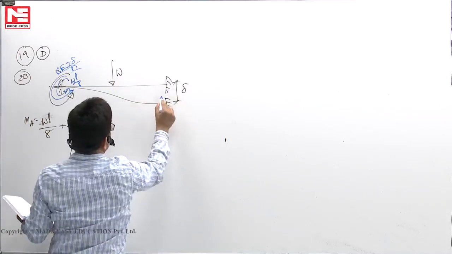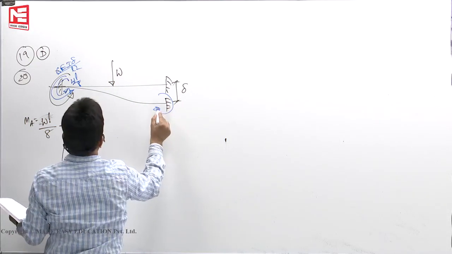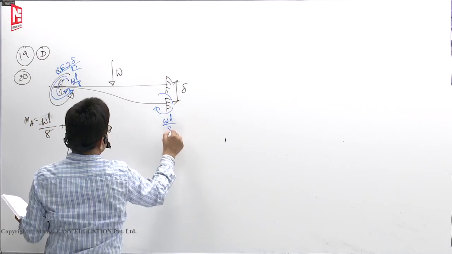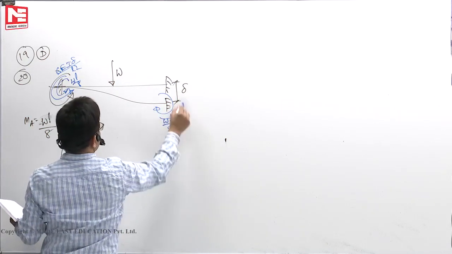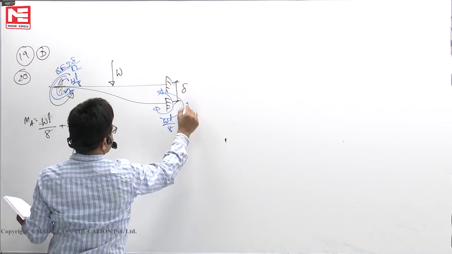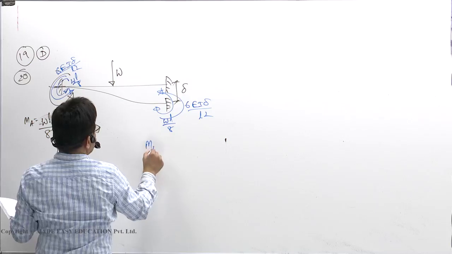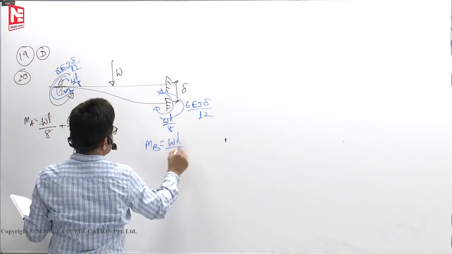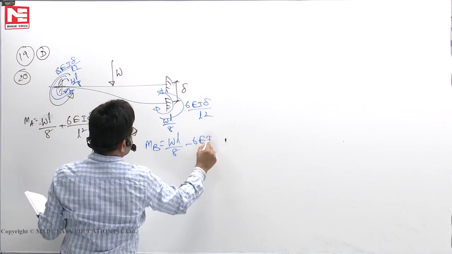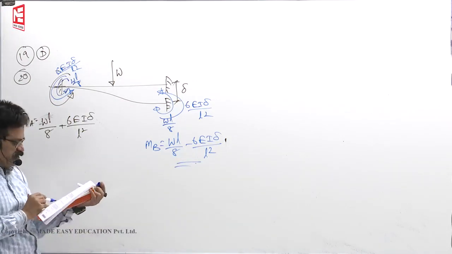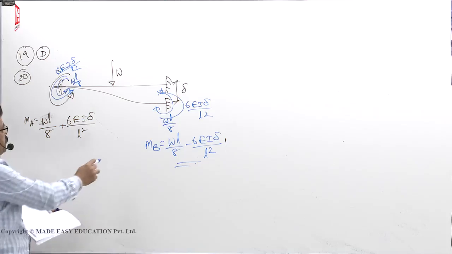Here due to load, clockwise movement, how much? WL by 8. Due to sinking, like this. To make the slope 0, 6 EI delta by L square. So moment at B you will get plus WL by 8. Both are opposite in nature, minus 6 EI delta by L square. So first option, moment induced at both ends will be same.